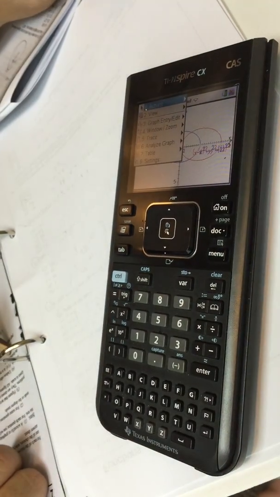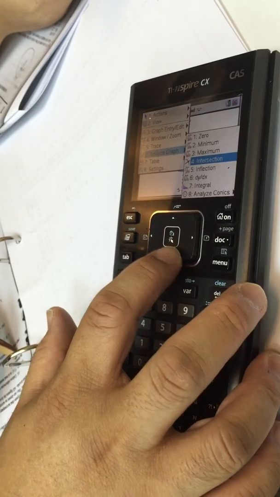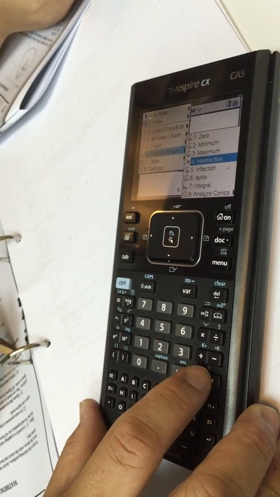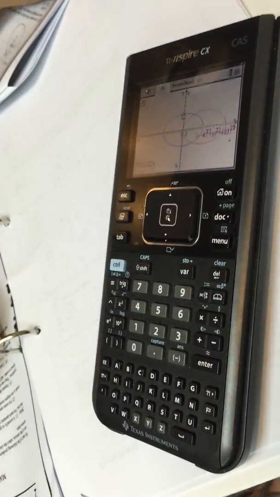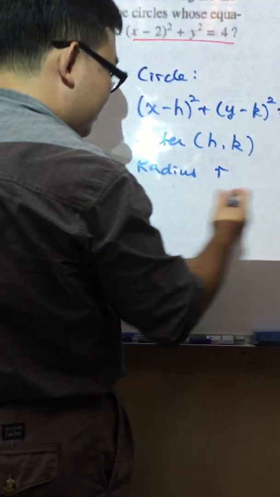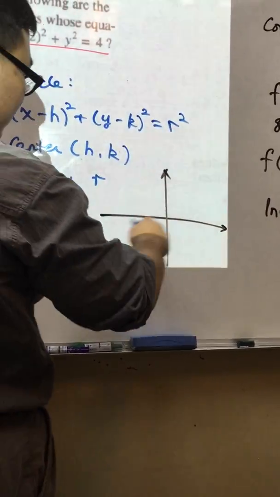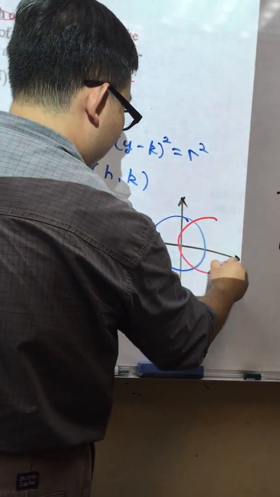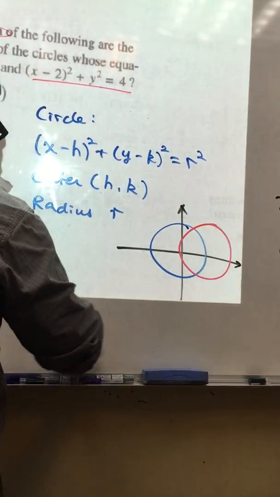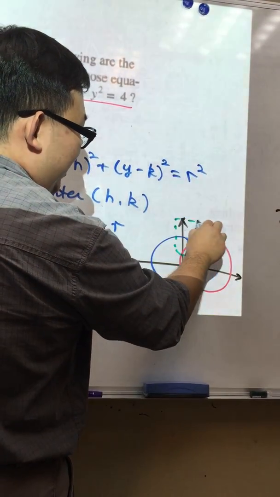You press menu, analyze graph. Yep. Intersection. Okay. Then they will ask you for the corner. So in this case, what is the meaning of corner? Corner here means in the figure, you try to drag a rectangle.